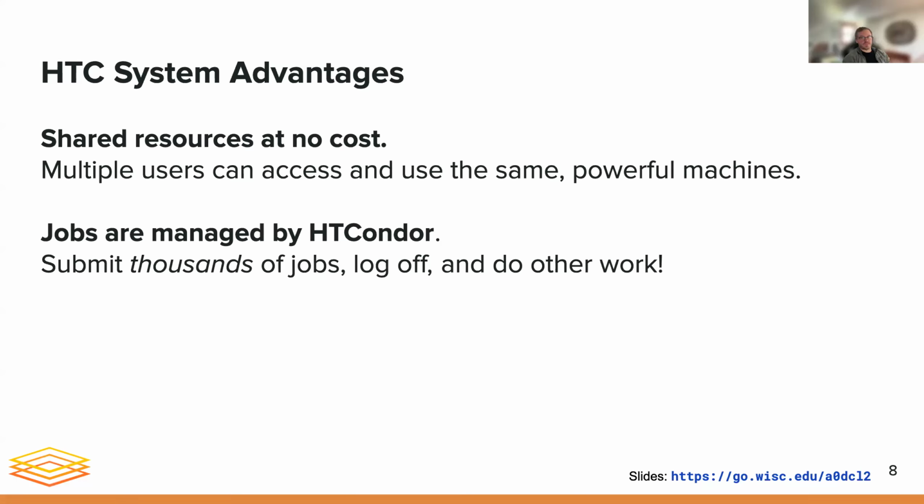So you could just submit thousands of jobs, hand it to HTCondor, go about your business, go enjoy the beautiful sunny weather that we have in Madison today, or continue doing lab work or whatever else you may have to do. So it's the big benefit of being able to define huge volumes of work, hand it off to a system, and then just have the system manage it for you.